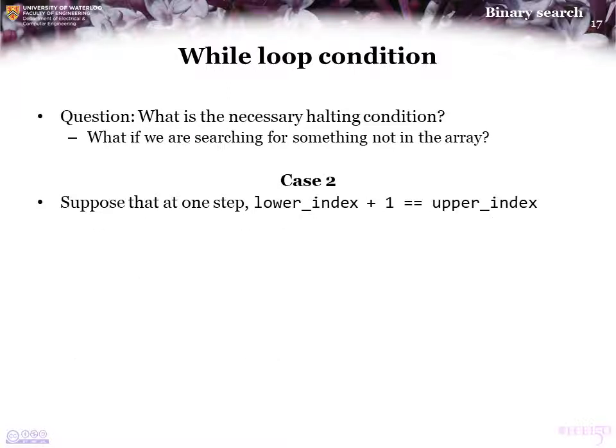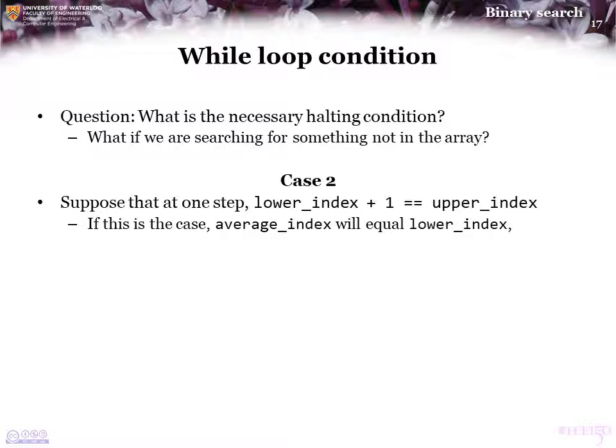Let's look at another possibility. Suppose that lower index is 7 and upper index is 8. Or more generally, let's say that lower index is 1 less than the upper index. Again, if you work out C++'s arithmetic, if you add n plus n plus 1 and divide that by 2, you will get n.